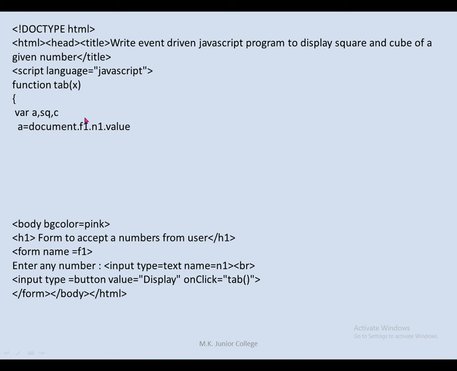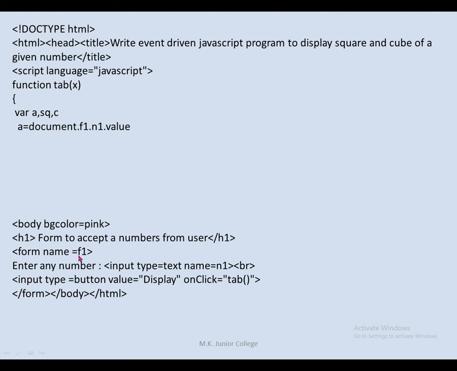So from the document, the form whose name is f1, inside that f1 form one text box is there. The name of the text box is n1, and the value inside that n1 I want to store in the a. See the meaning again: document.f1.n1.value. The meaning of this complete statement is, in my complete web page there is one form named f1. Look, here I gave the name f1, the same name must be mentioned here.